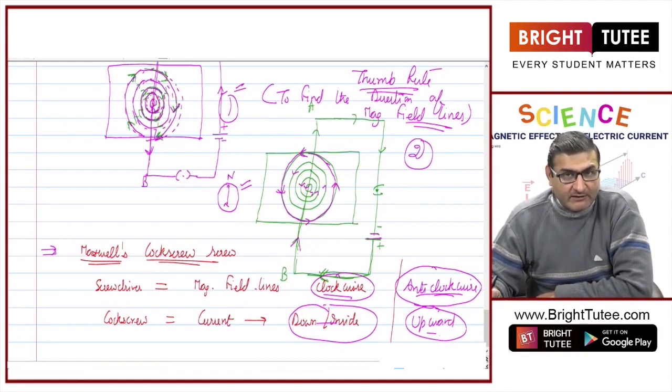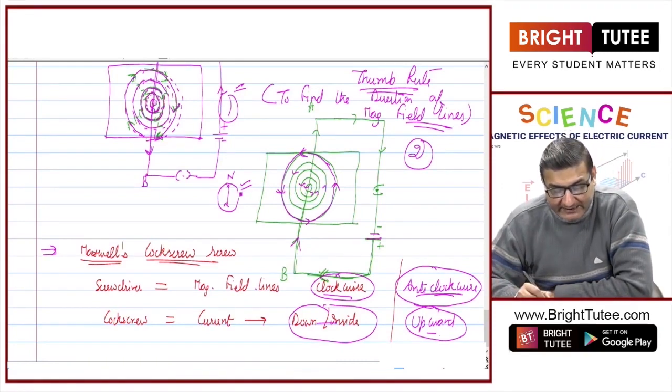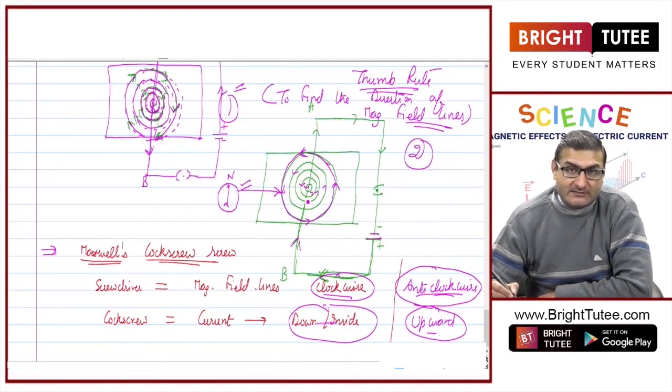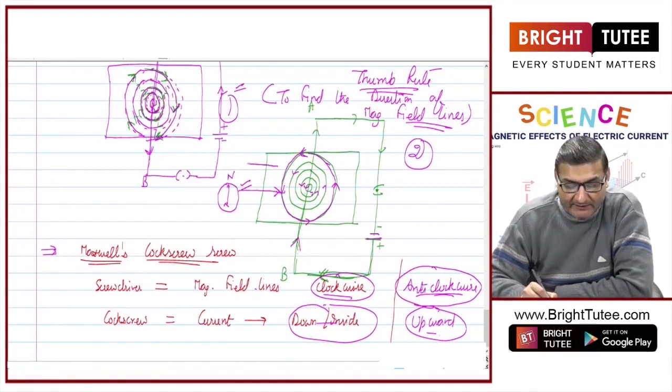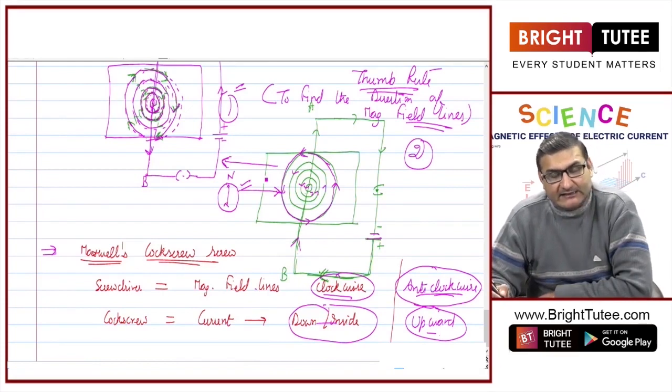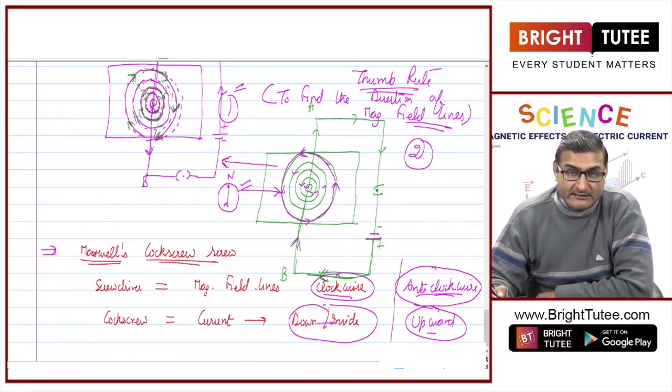Second observation: if we take this magnetic compass nearer to the wire, the deflection increases, and if it is taken away to a point which is far, then the deflection decreases.